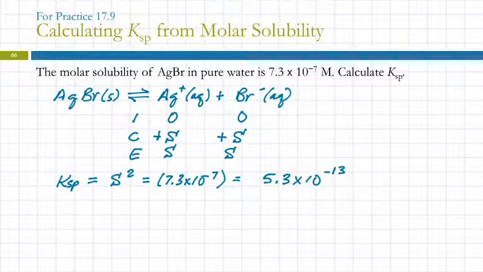That gives 5.3 times 10 to the minus 13. Any questions?